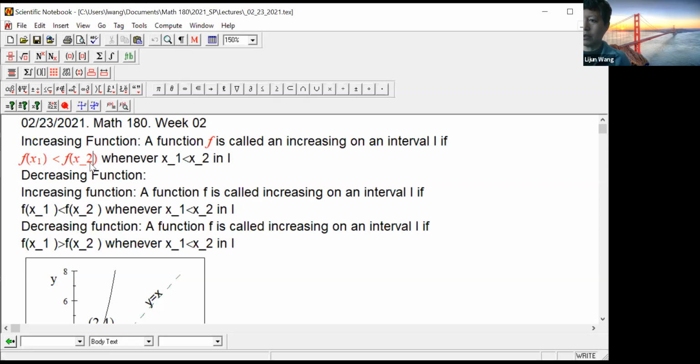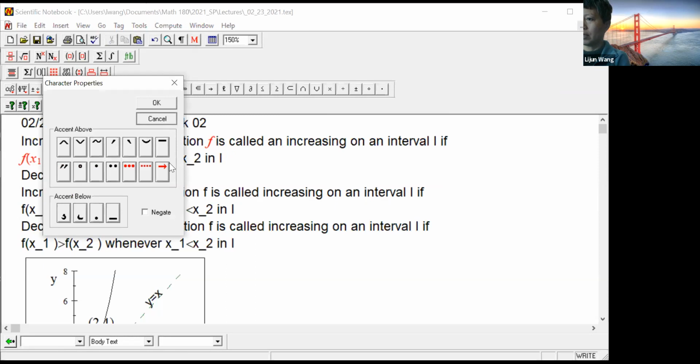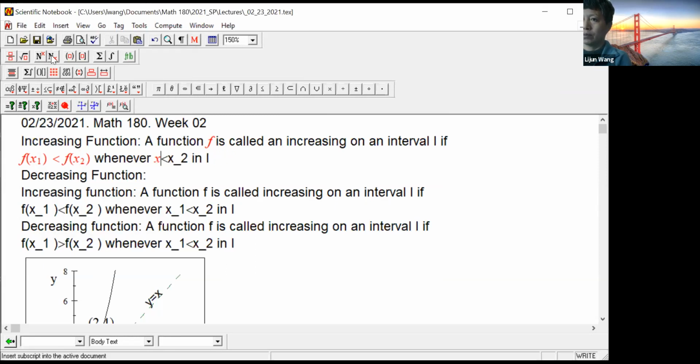It's very important to notice those differences. And we see the word whenever again, in the interval I. That's an increasing function.